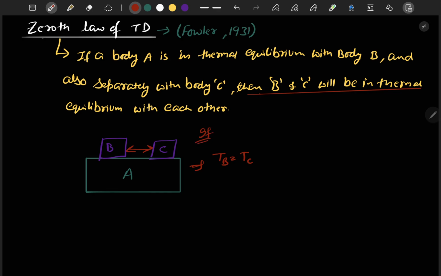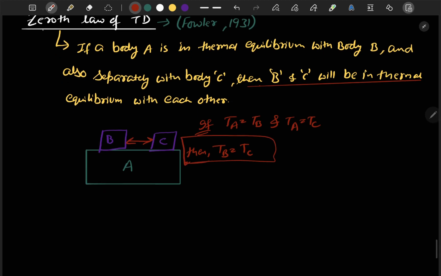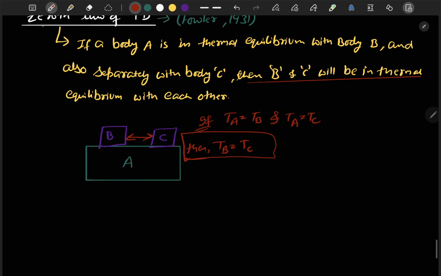So you can write the condition like this: if TA is equal to TB and TA is equal to TC, then TB is equal to TC. This is the zeroth law of thermodynamics.